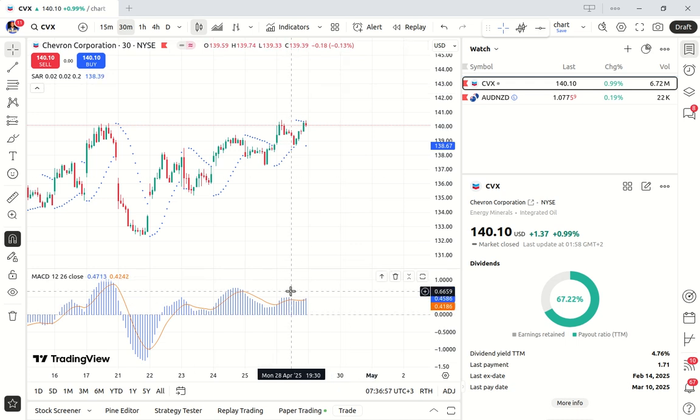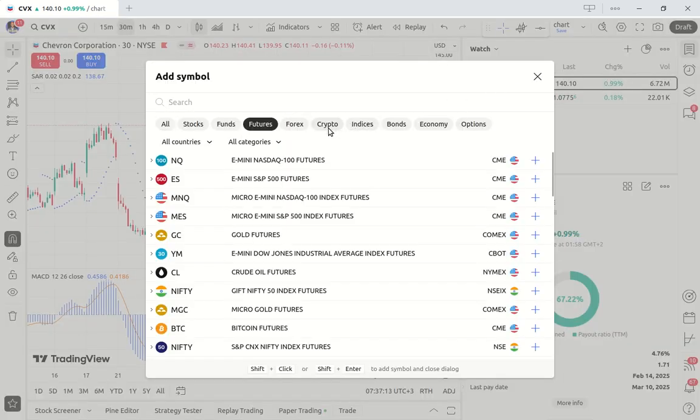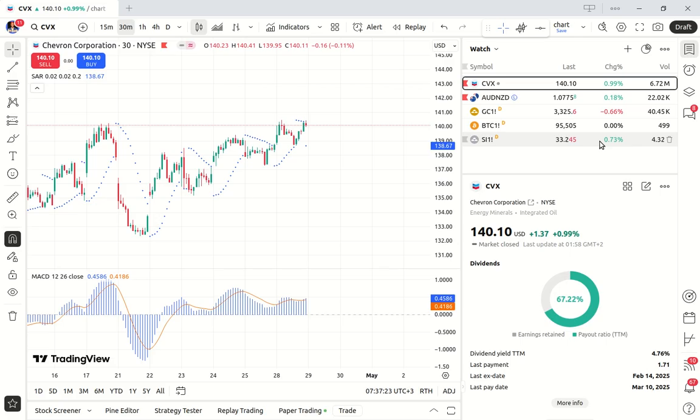So basically that's how I would trade, and that's how trading should be. Understanding how to trade like that can allow you to trade any index or any market that you want to trade.